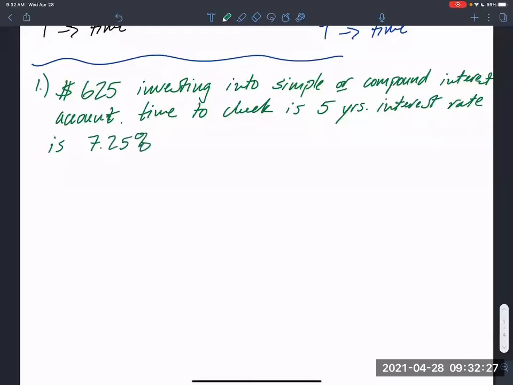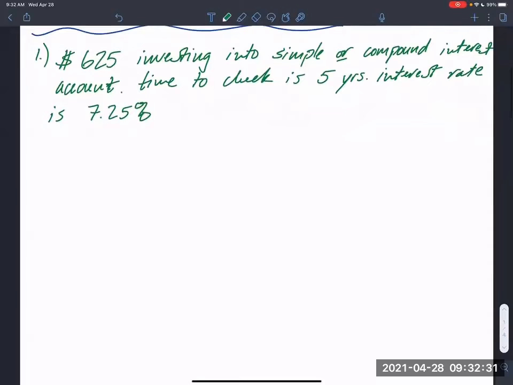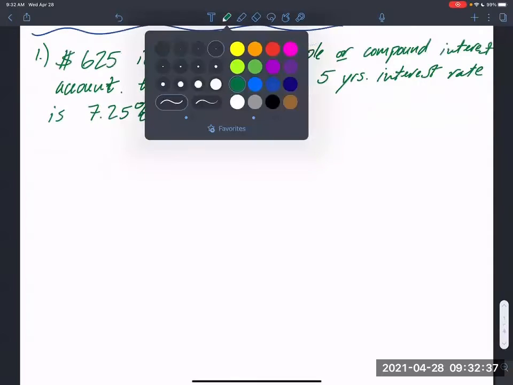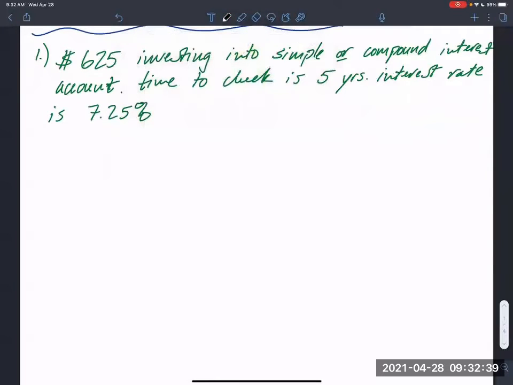Okay. All right. So the first thing you want to do, because you will get a question similar to this, is go ahead and break it up into like 2 columns, okay? So let's do simple. And we know our simple is going to be I equals principal times rate times time. All right?